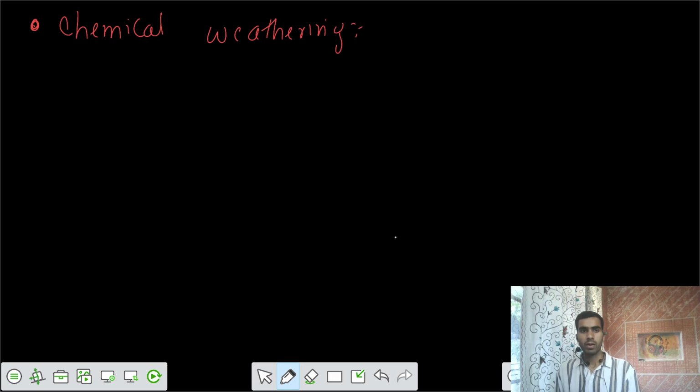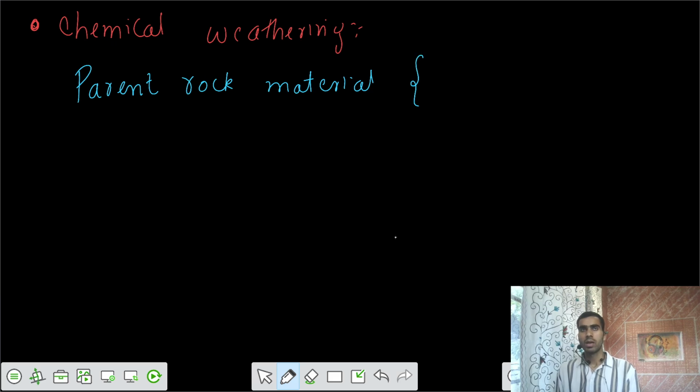If your parent rock material is having some chemicals, like some acids inside, or alkalis, or it can be having some carbon dioxide, some oxygen also.